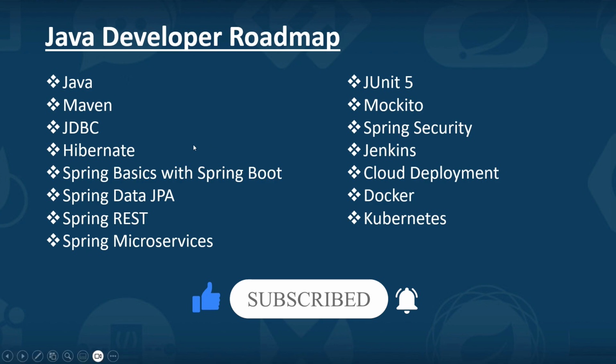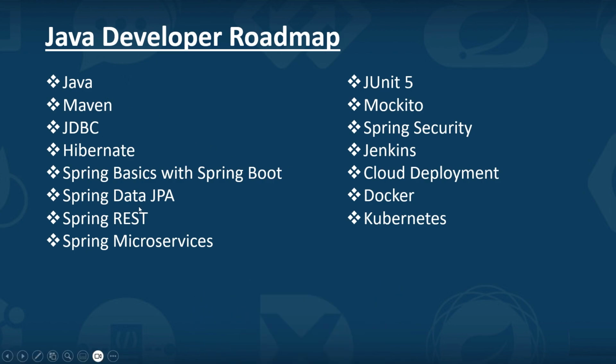So if you see, we have covered the initial part. Currently we are on Spring Data JPA. After this, REST, microservices, and then this way we will keep on continuing. Now I don't say that you can learn all these things in one day. Just tell me very frankly, can you learn all these things in 1 day or 1 month or 1 year? It's not possible, guys.